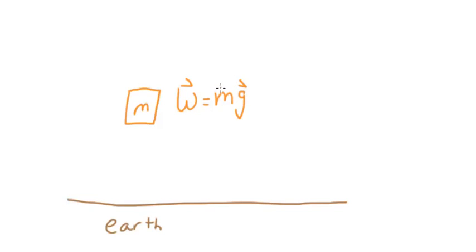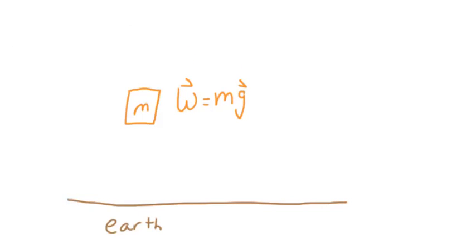So right here we have the force due to gravity near Earth being equal to the mass of the object times g. You can think of g as being the gravitational field, and it is something that exists everywhere in space, and it's sort of the force per mass.